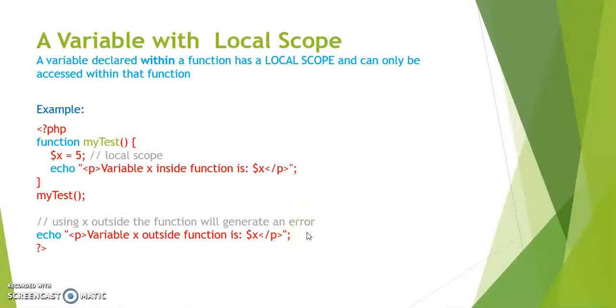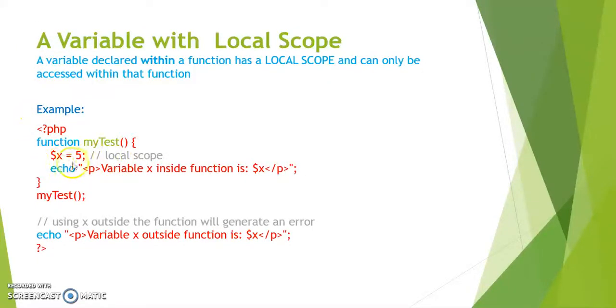A variable declared within a function has a local scope and can only be accessed within that function. Unlike the first one, where we defined a variable outside of the function, now we define this x inside the function myText. You can see it.